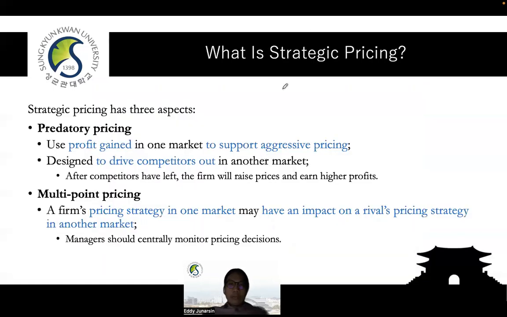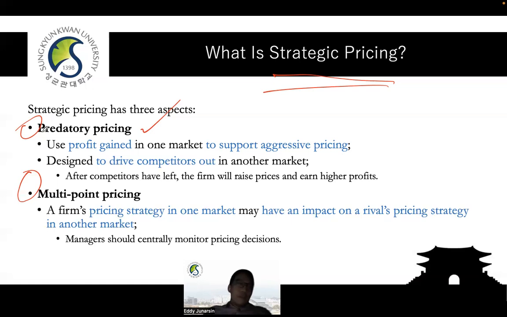So the second point in pricing is strategic pricing, and we have some strategies here. For example, predatory pricing. A very bad name, predatory. We make price differentials from one place to another. In one place where we have a highly competitive market, we might want to lower the price and sacrifice a bit right now.